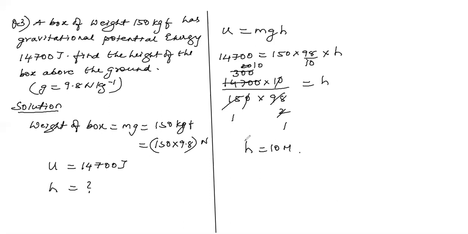So what is the answer, children? The height of the box above the ground equals 10 meter. This is the answer. You should better make a habit of writing an answer, children. Okay, we go to the next.